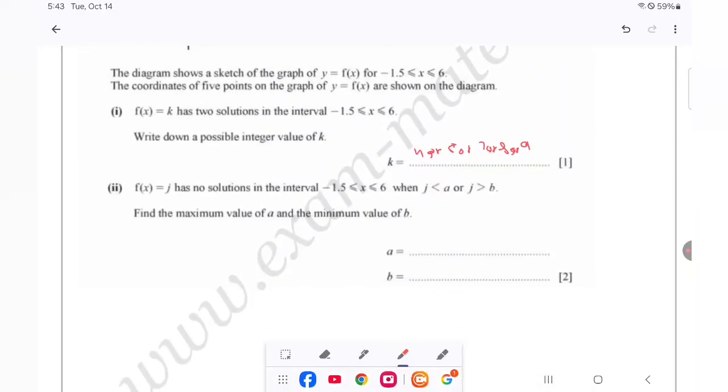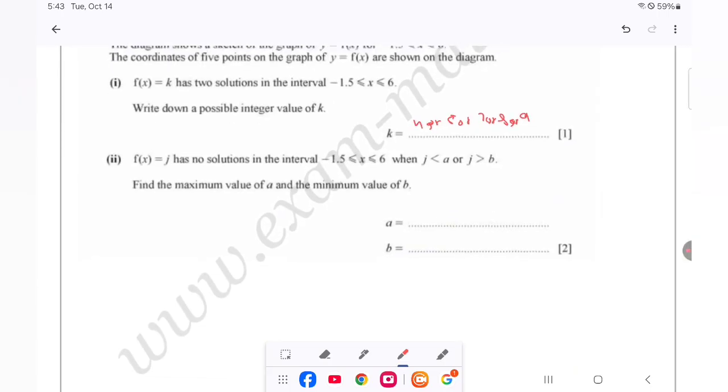So in question 2, f of x is equal to j has no solution in the interval of the given condition when j is greater than a or j is greater than b, for the maximum value of a and the minimum value of b. If we look at the 3, there is nothing lesser than it.